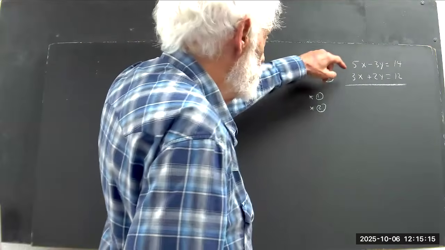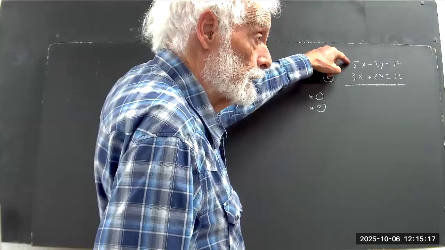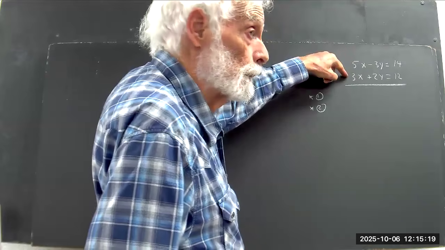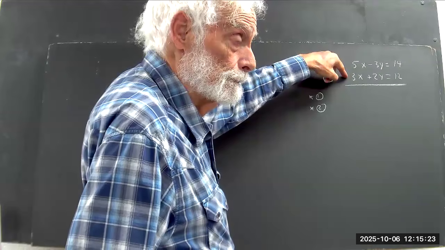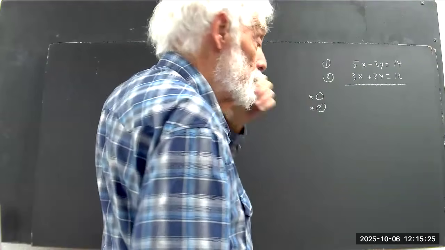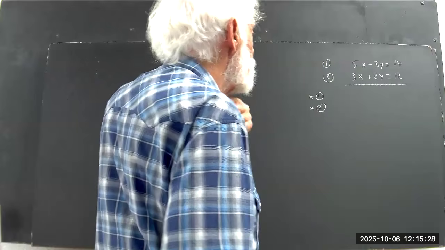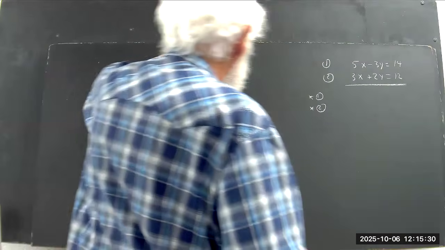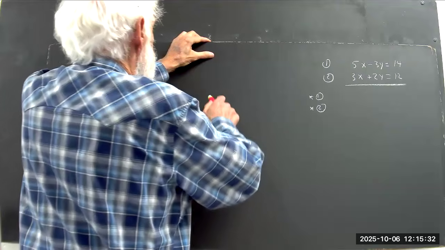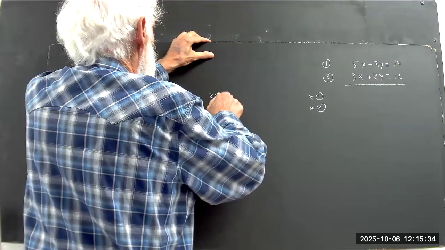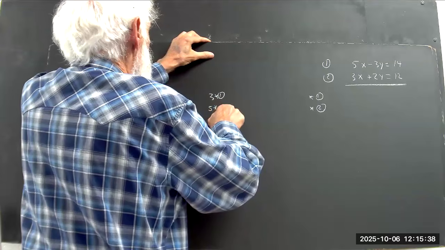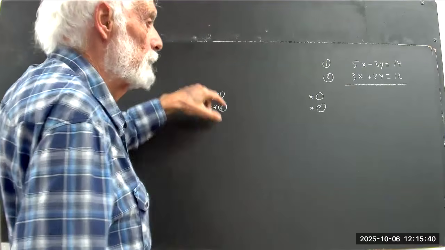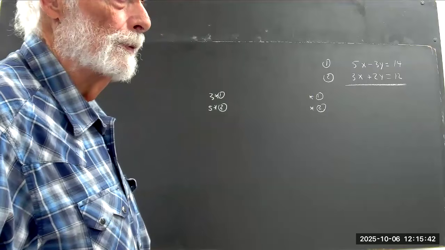Okay, so we're trying to find a number to, let's say, multiply by 5 and another number to multiply by 3 so that the numbers match up. Okay. Well, something that always works is if you do 3 times equation 1 and 5 times equation 2.